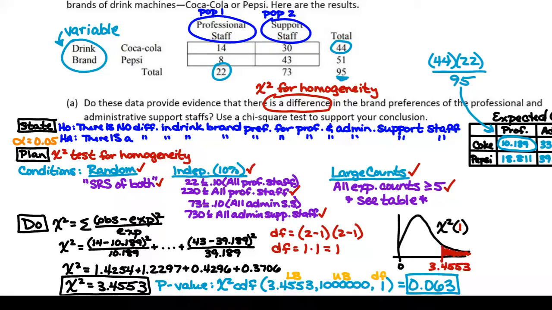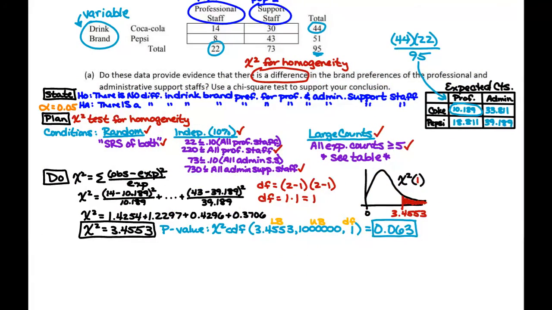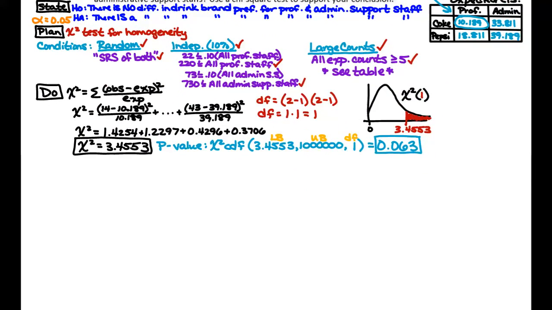So I made the shaded area the size that I did based on my p-value. This should be the percentage of the picture that's shaded. You could absolutely have it farther over, but your p-value is telling you how much of the area under the curve should be shaded in. All right, let's extend this down so that we can do our conclusion.